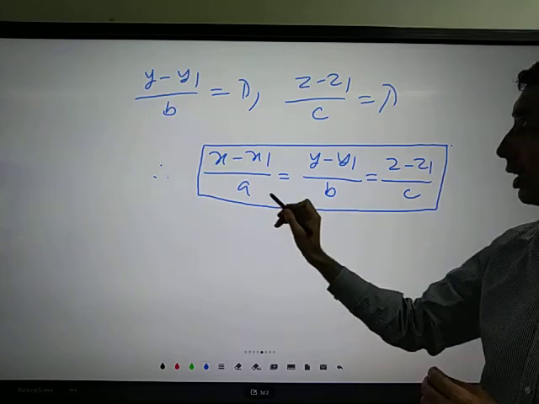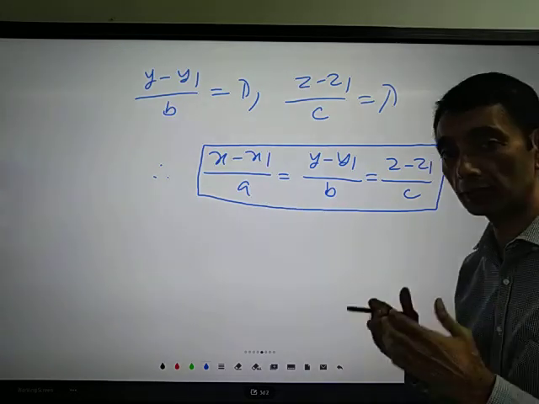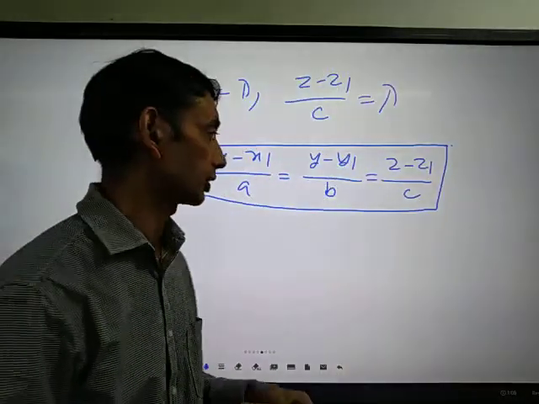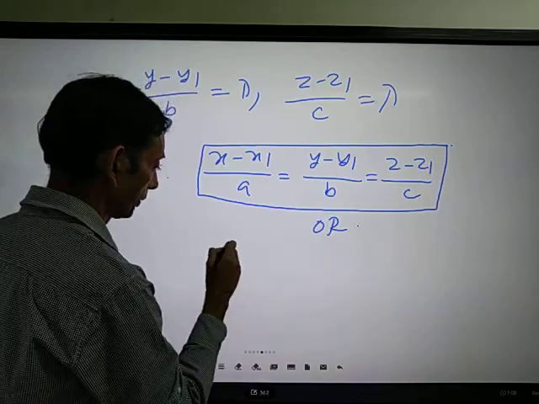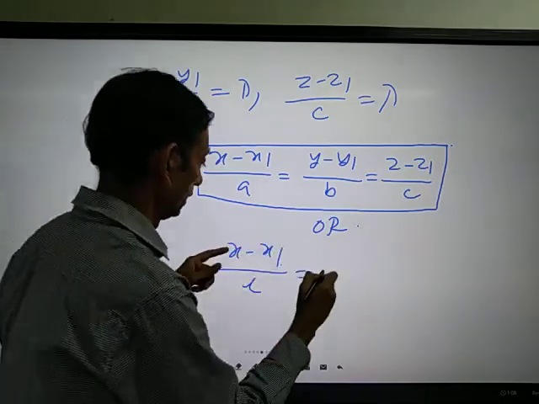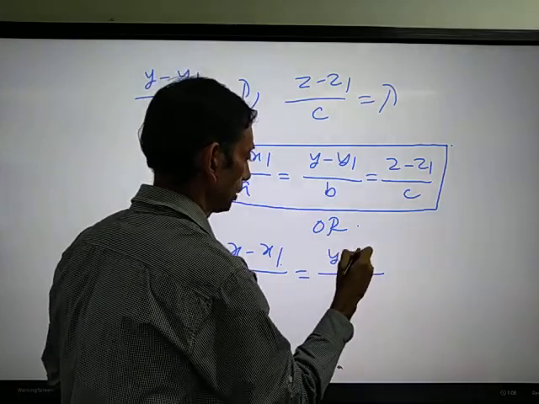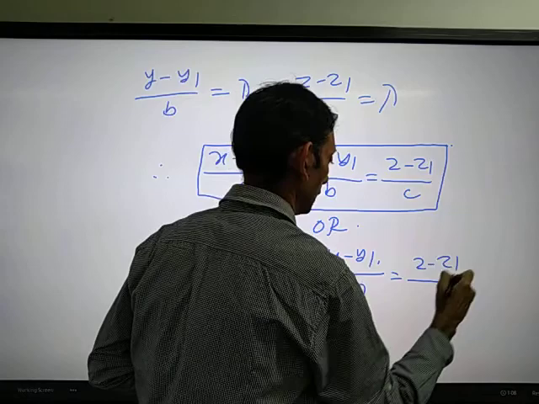And in case we know the direction cosines instead of the direction ratios, we can write the equation of the straight line in terms of l, m, n. So (x minus x1) by l, (y minus y1) by m, and (z minus z1) by n.